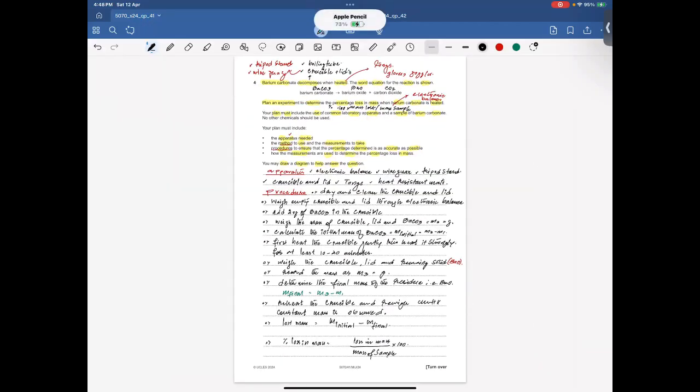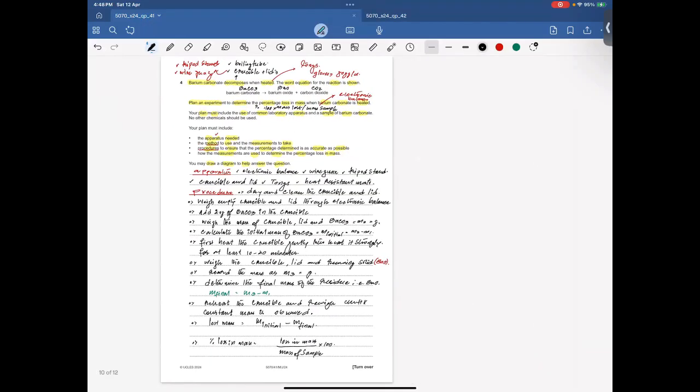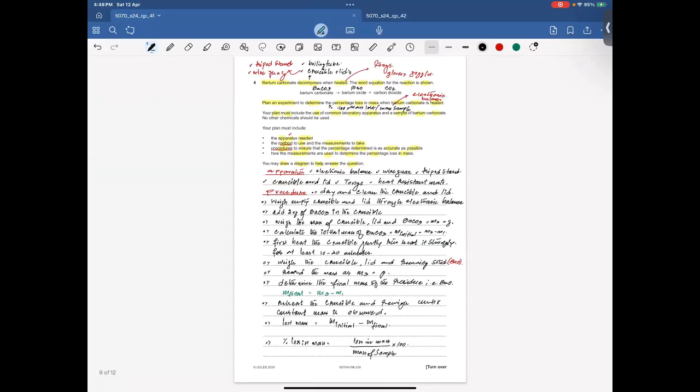I hope you get the point. Yeah, this is how we can write such plans in this scenario. Okay, that's the end of this paper.